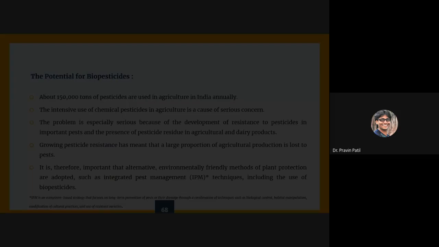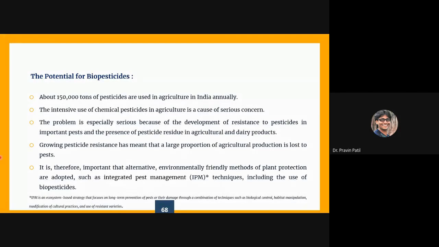Let's see the potential of biopesticides. More than 150,000 tons of pesticides are used in agriculture in India annually. But these are chemical pesticides, not natural pesticides or biopesticides. So now you can imagine how much pollution is being created through this process.